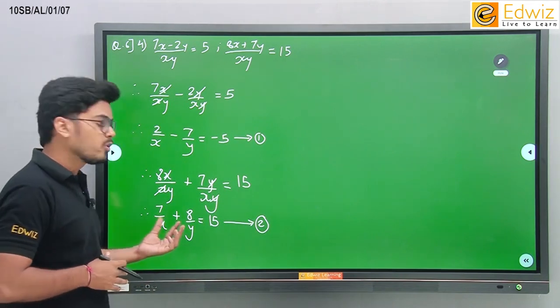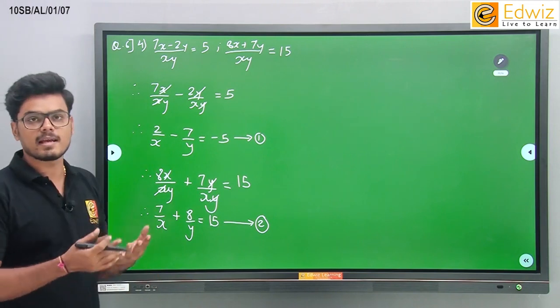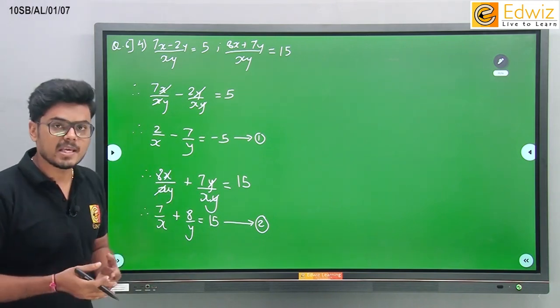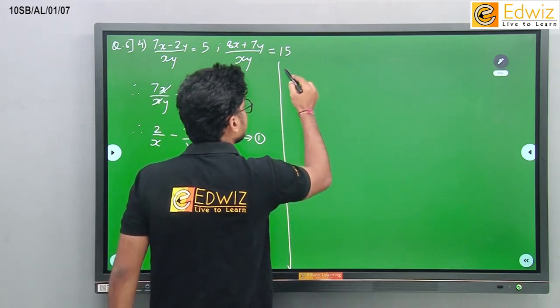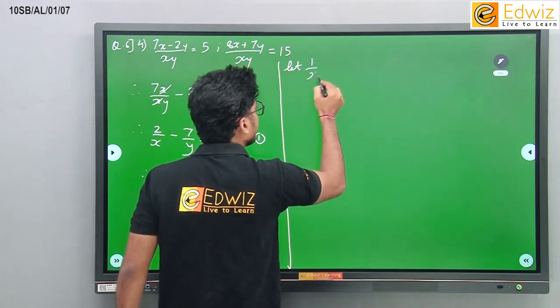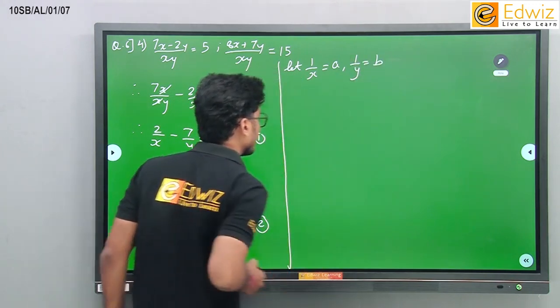Now, what do we do in these kinds of equations? We just consider 1 upon x to be a and 1 upon y to be b, and then solve it like any other linear equation pair. Okay? So let 1 upon x equal to a, 1 upon y equal to b.